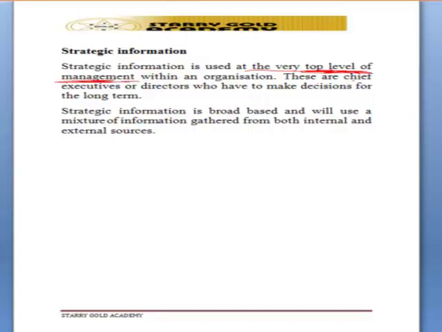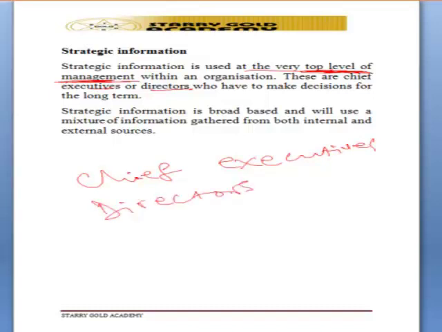So there are chief executives or directors, that is, the people at the top management level: the chief executive officer of the company, and the company directors. We believe that these are the decision makers. These are the set of people that formulate policies and make decisions on how to direct the affairs of the organization.